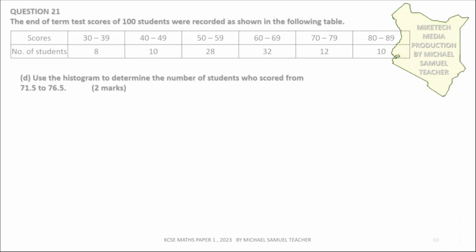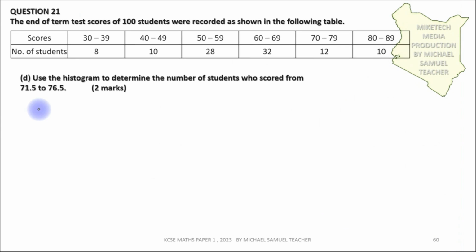So in other words, since we have a uniform class interval, the number of students will be equal to the class width divided by the class interval, then times the frequency in that particular rectangle bar.